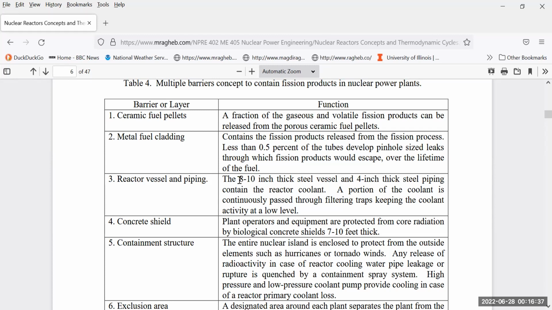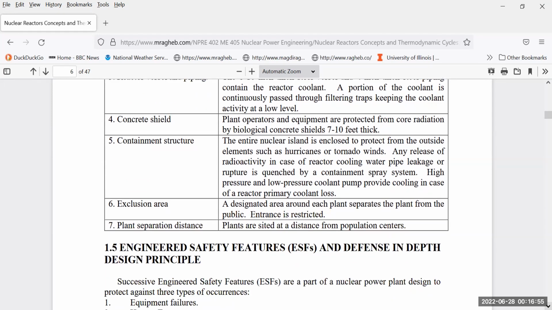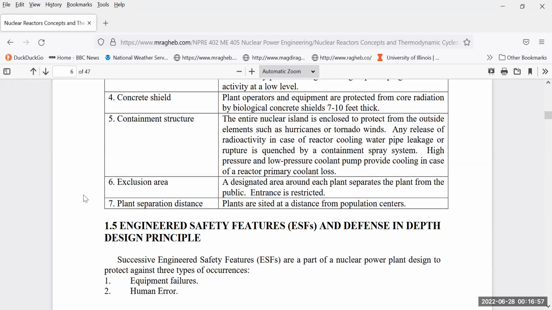Those pressure vessels for the pressurized water reactor can reach 8 to 10 inch of plates that are cast and then even welded together using explosive welding. The reactor vessel is surrounded by a concrete shield to protect the personnel in the plant against the gamma radiation. And the whole thing is contained within a containment structure that we'll describe in more detail.